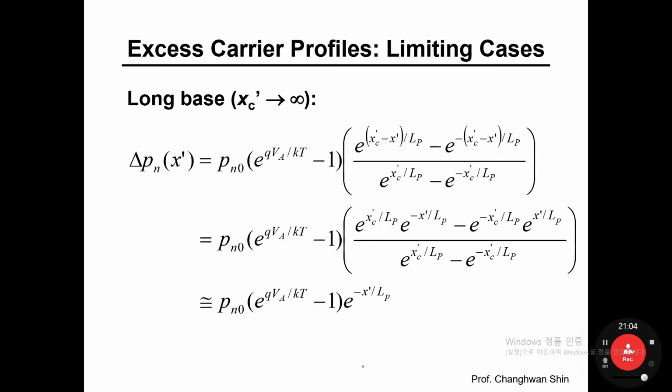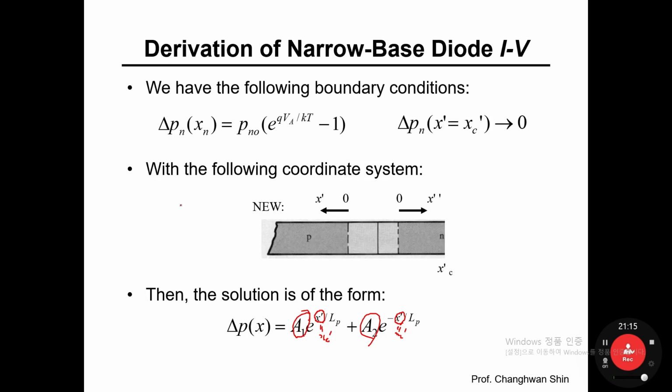All right, now let's do this. If xc prime becomes infinity, go back to this cross-sectional view here. If this xc prime becomes infinity, that means let's get back to the original p-n junction diode analysis. Once a hole is injected into the n side, these holes would travel an infinite length.